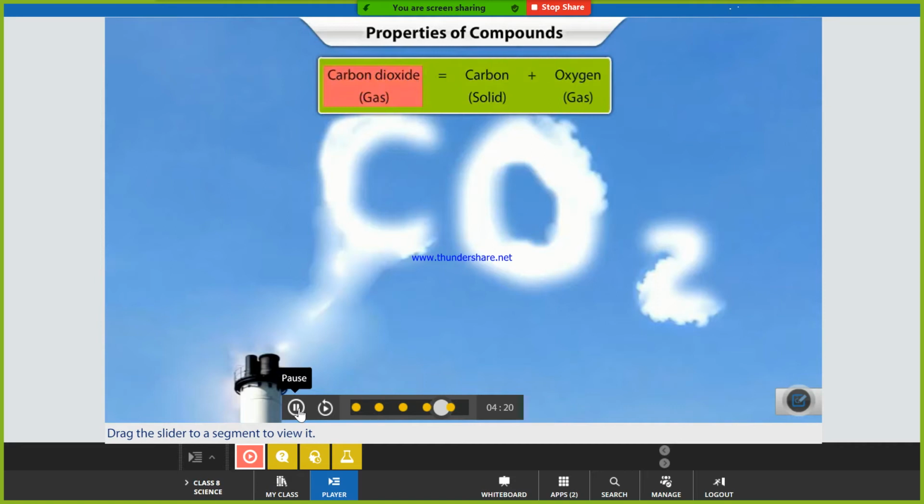The physical state of carbon is solid, while oxygen is in the gaseous state and carbon dioxide is also in the gaseous state. So, we can conclude that the physical properties of compounds are different from the physical properties of the elements from which they are formed.